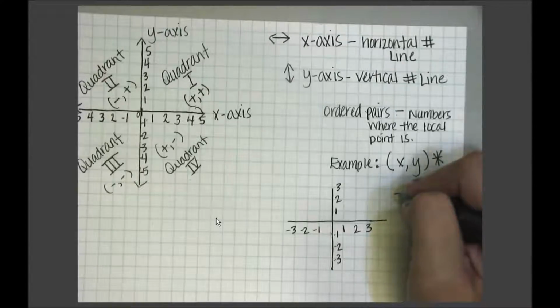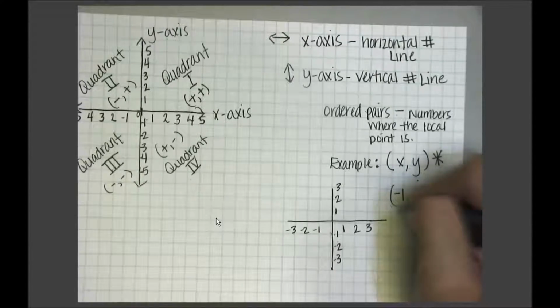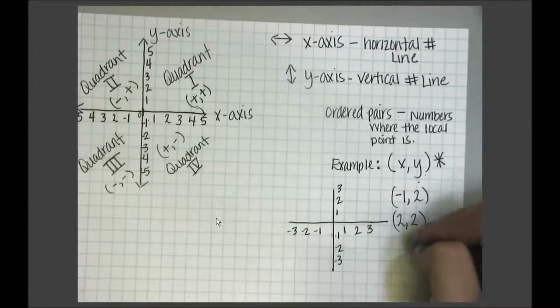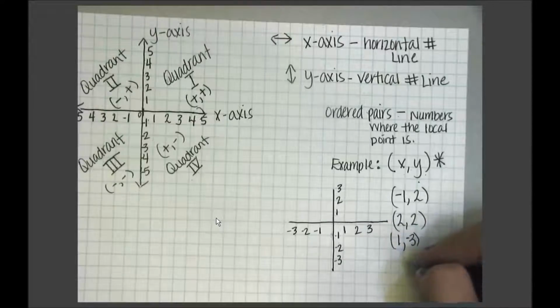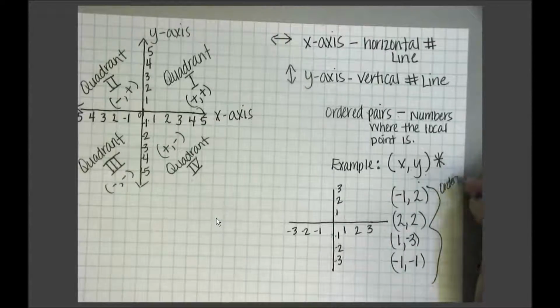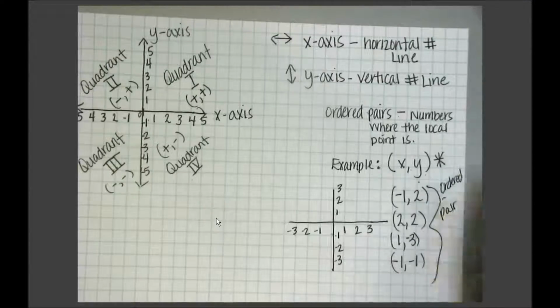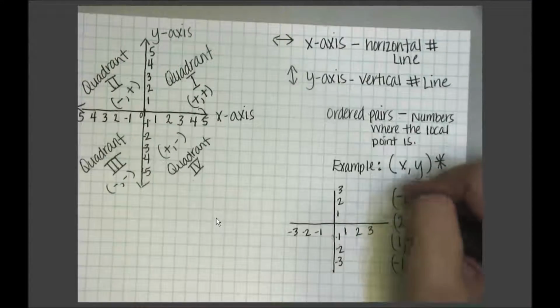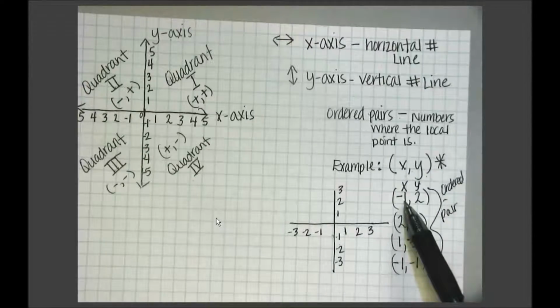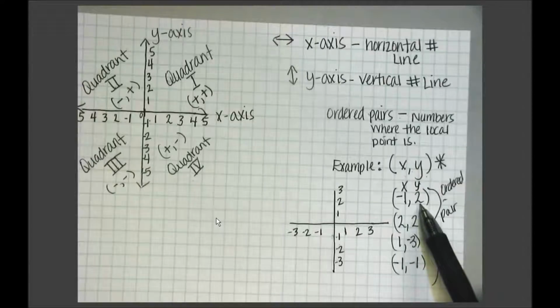So I'm going to do (-1, 2), (2, 2), (1, -3), and (-1, -1). These are ordered pairs. You see the X is first, the Y is second. So the X tells me which way I'm going, left or right, and the Y tells me up or down.